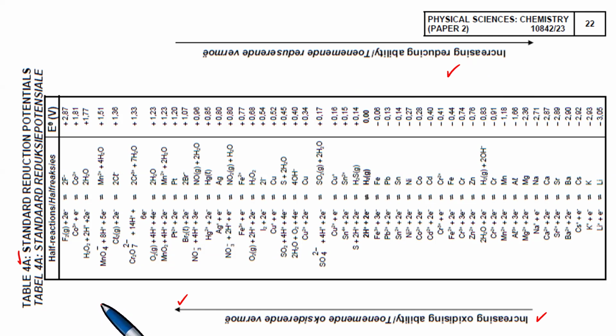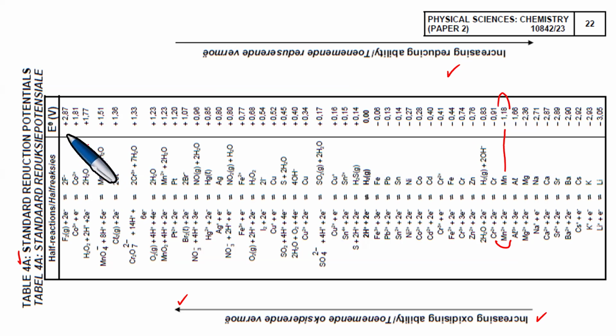Where is manganese here? You need to look for Mn, manganese. Look for manganese Mn in this table and identify it very well. Here is manganese, and you can see that the manganese has its E theta value.